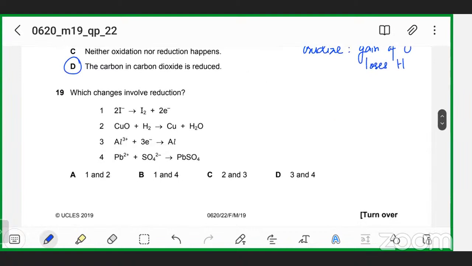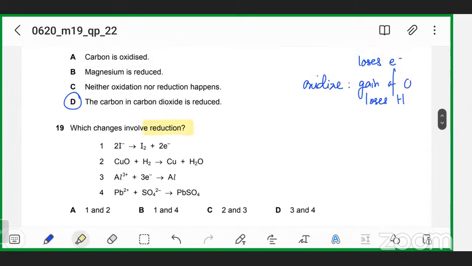अच्छा, which change involves reduction? What is reduction? Gain of electrons. आप बताओ कि which change involves reduction? What about the first one? जो पहला वाला भी. Hmm? No. That's a loss of electrons. That's oxidation, right? Yes. That's the second one.